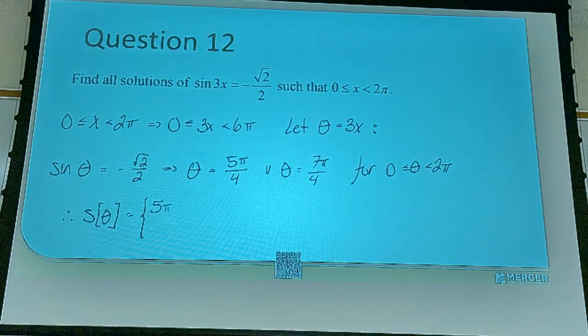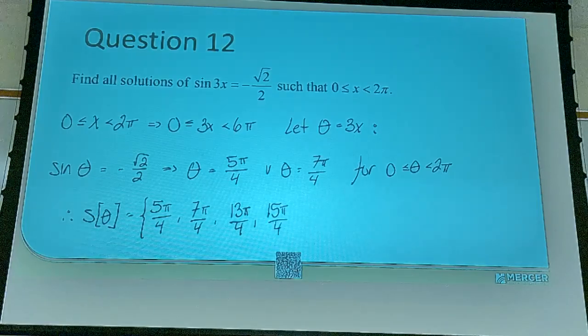We have those two. Add 2 pi to each of them. That is now between 0 and 4 pi.